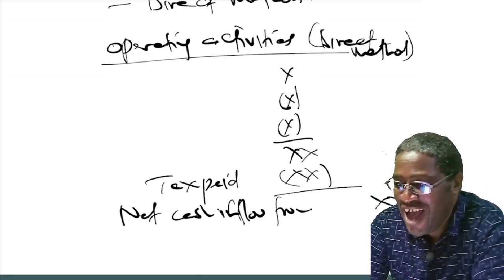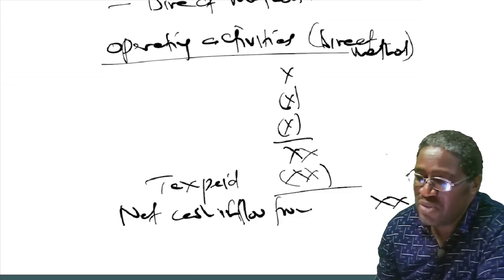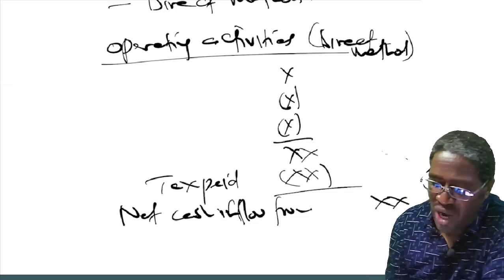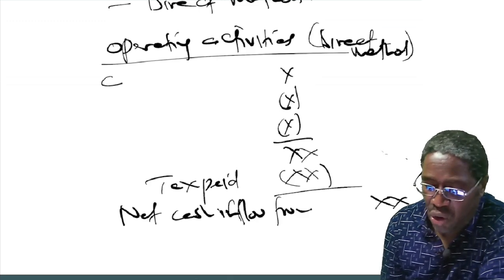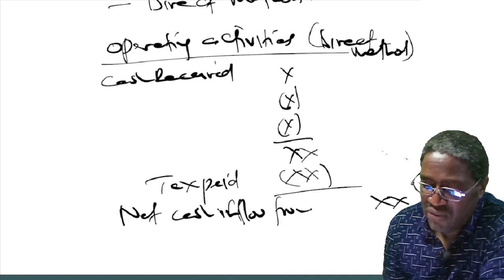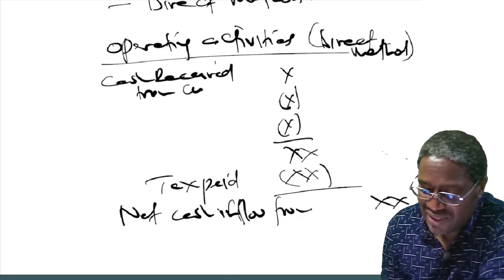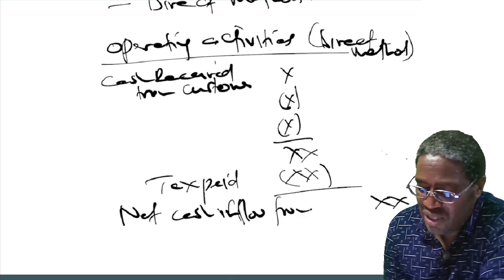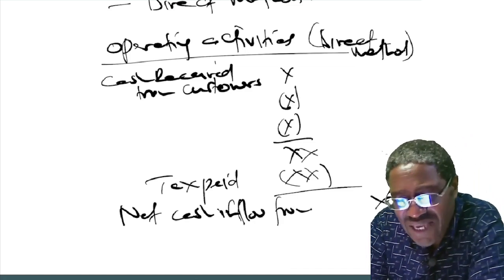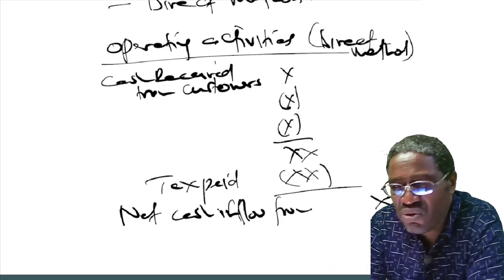Okay. It seems people have forgotten. Let me remind you. The first amount you have to calculate is called cash received from customers. I am not saying cash received from debtors.